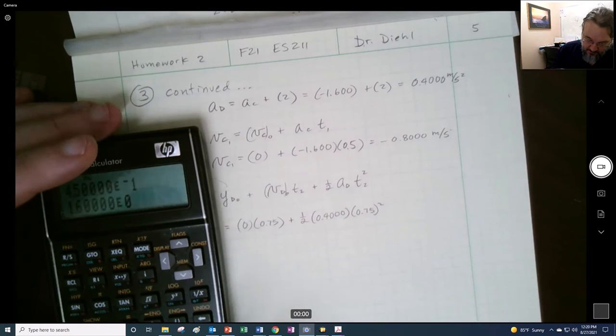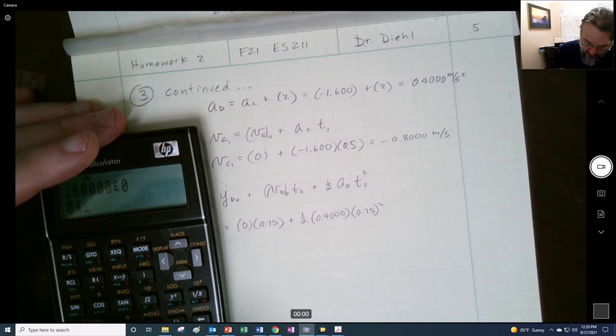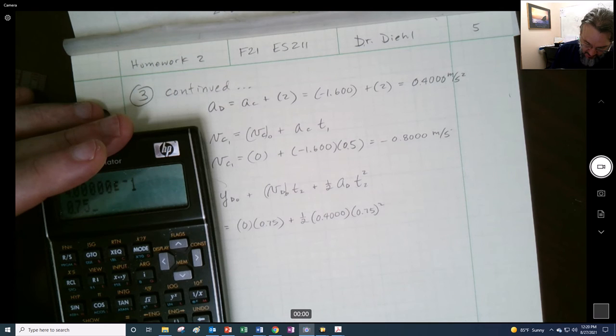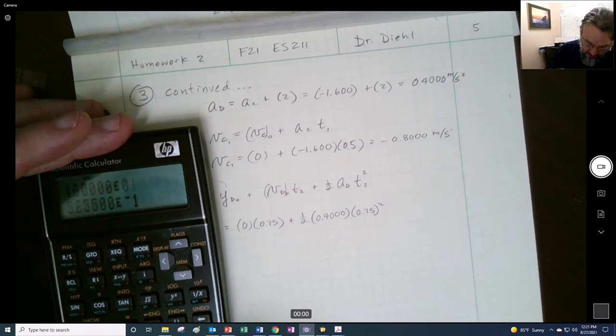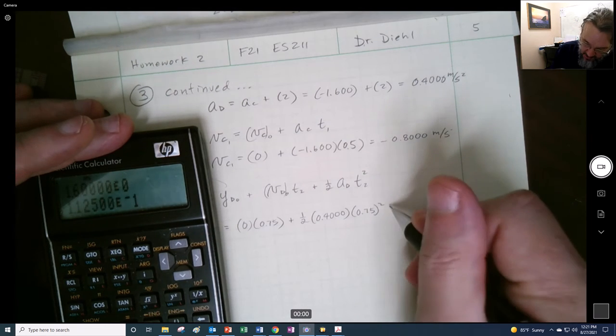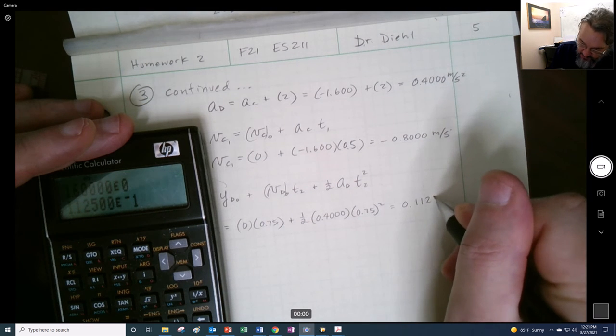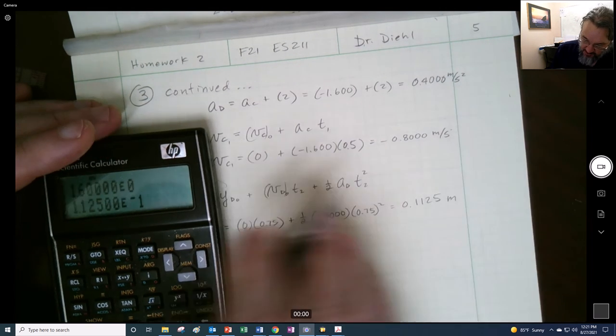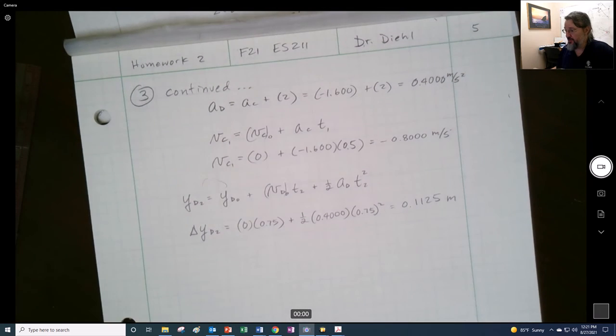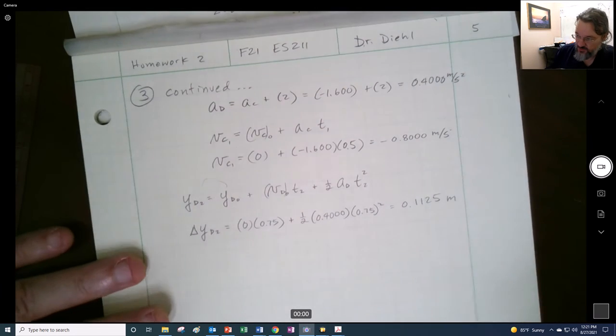So what do we get? 0.4 times 0.75 squared, times it, and divide by 2. So I get 0.1125 meters. It's positive, so it's going upwards.